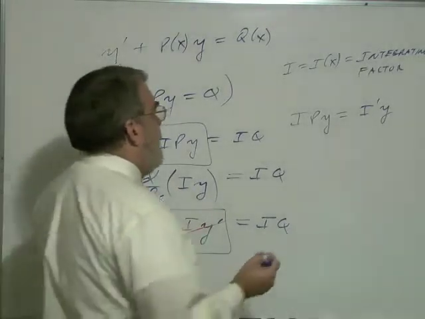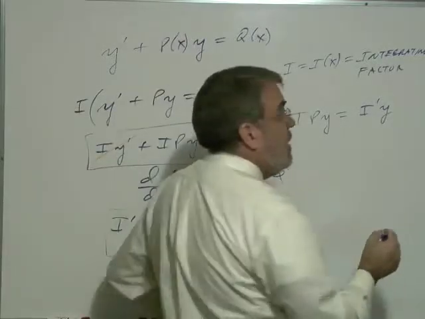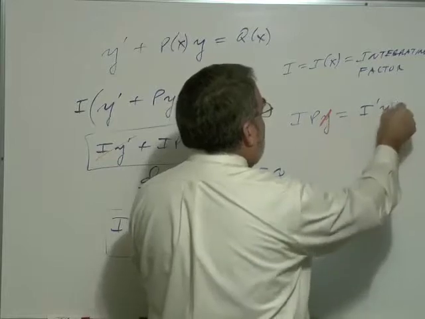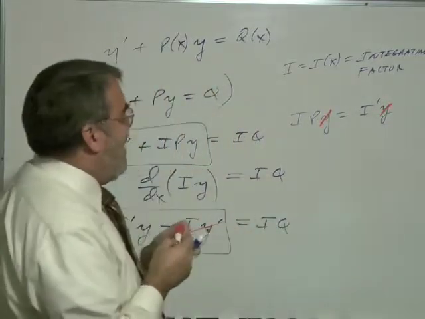Now look at that over here. I P y equals I prime y. We can divide y off from both sides. It's a small miracle. Okay?